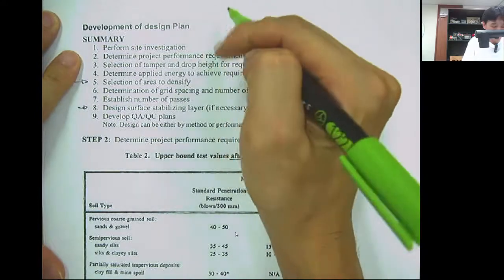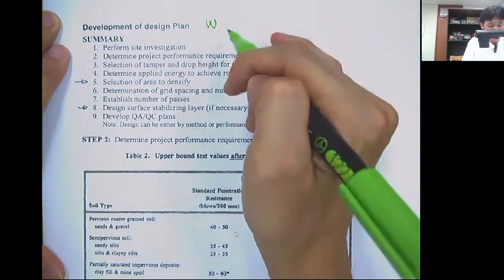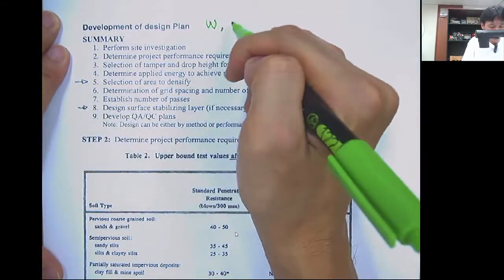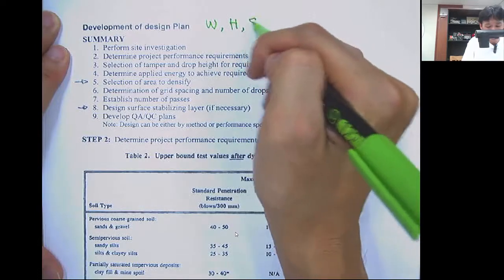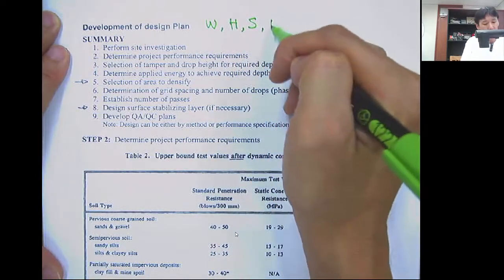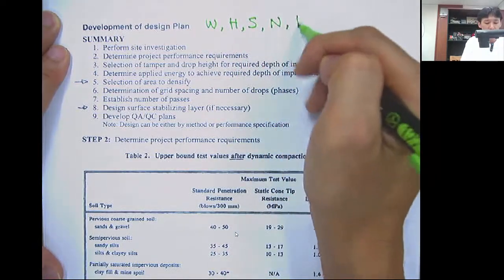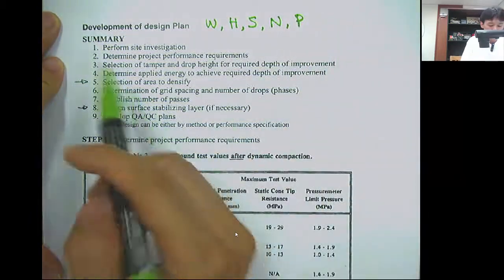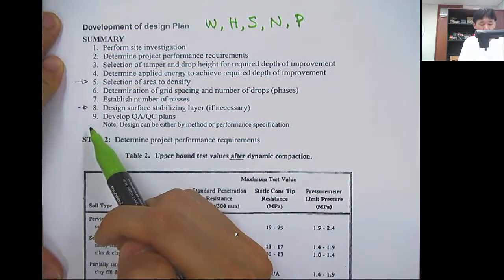So the main design parameters will be the weight of the tamper and the dropping height and spacing and number of drops and number of passes. So these are the procedures for the design.